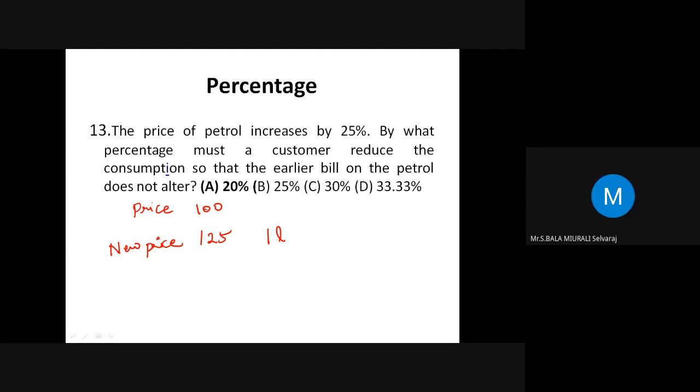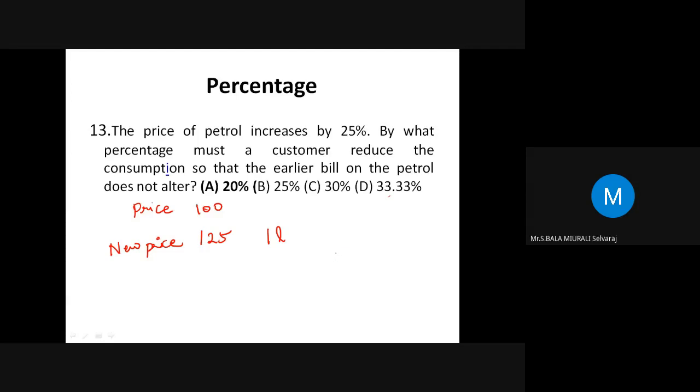See here, listen carefully. 0.8 liters or 800 ml.